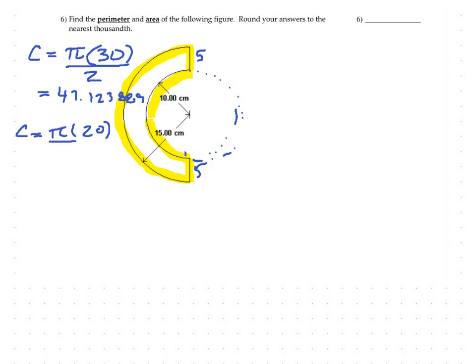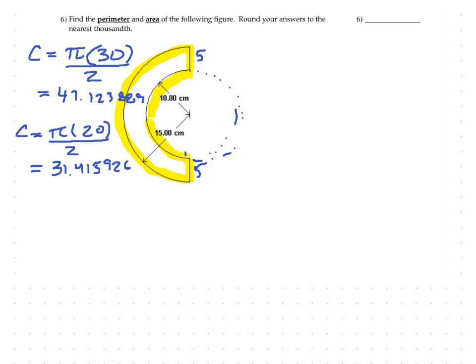But then, of course, you must divide it by 2 because you want the semicircle. So pi times 20, 3.14 times 20 divided by 2. If you have your calculator, you're going to get 31.415926. Because I'm required to round to the nearest thousandths, I've got several extra places here.